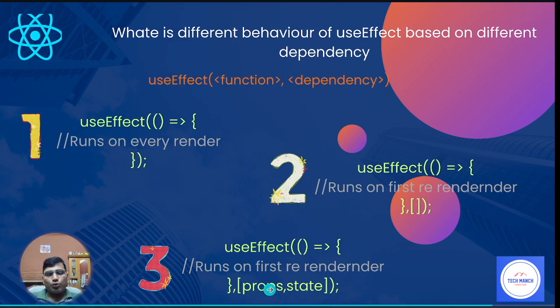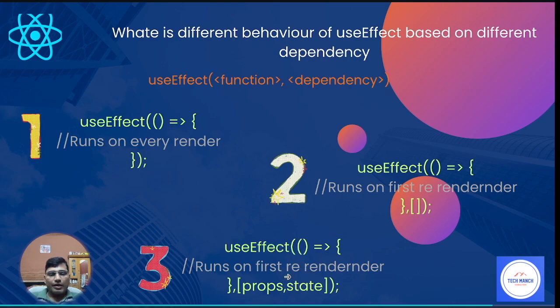right? So let's suppose there are two things, props and state. When these two things change in your functional component, only then will it be called, right? Let me give an example. There is a counter application with one state, that is count, and if you would like useEffect to be called whenever the counter updates, then whenever the counter updates, useEffect will be called.